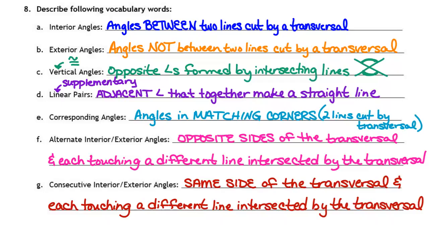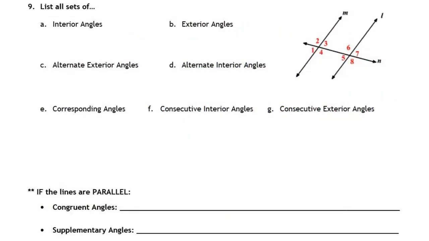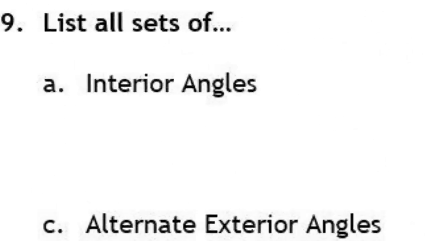All right. Let's see how well we can do with identifying these different types of angles. We had some practice yesterday. We've had a little bit of practice today still. Interior angles. In this picture over here with lines L, M, and N, what are my interior angles?